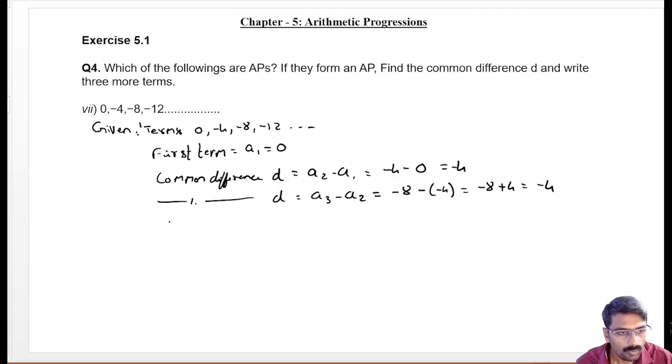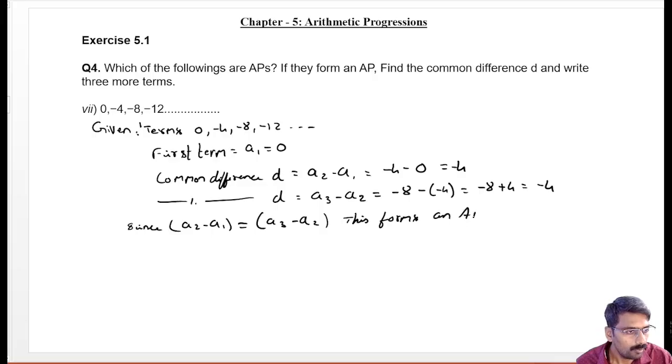So here the common differences are equal, since A2 minus A1 is equal to A3 minus A2. So this forms an AP, or it is an AP.